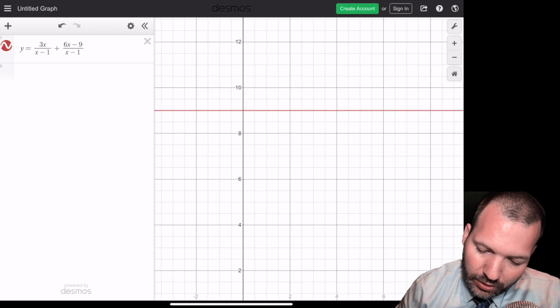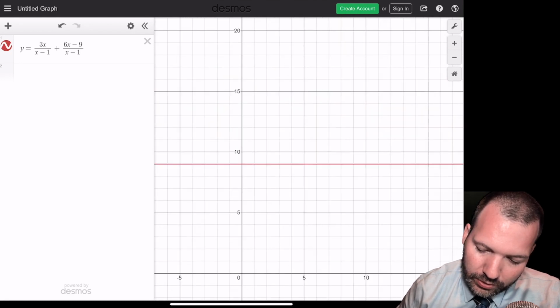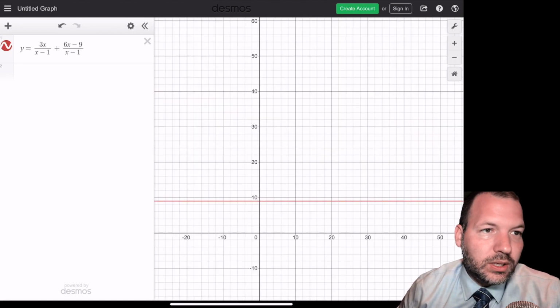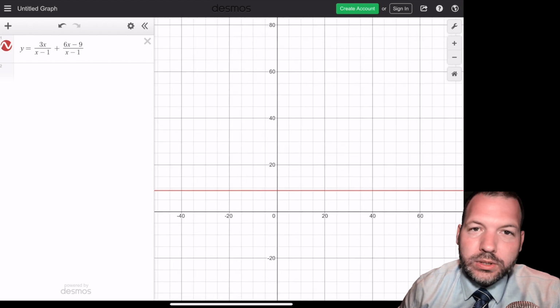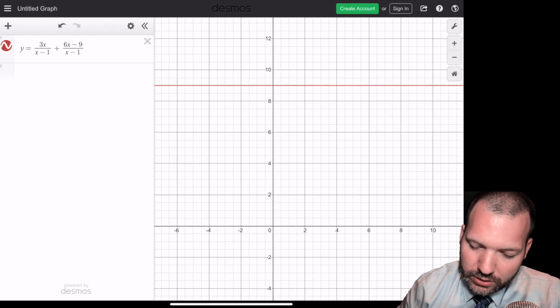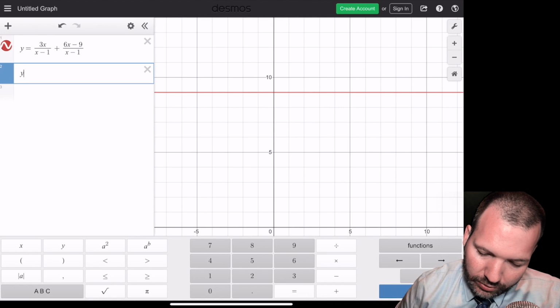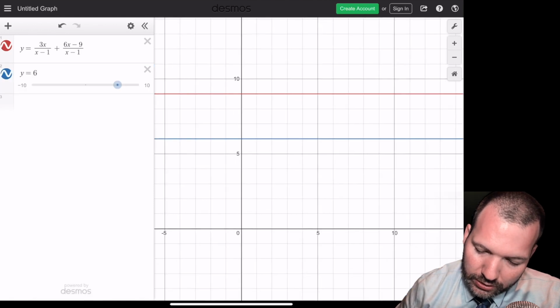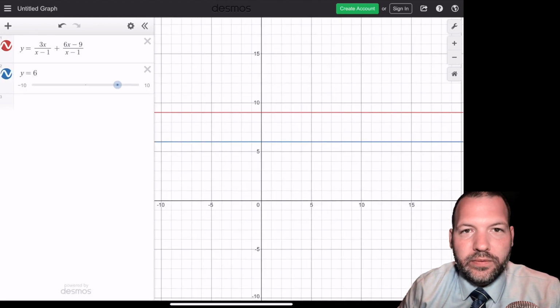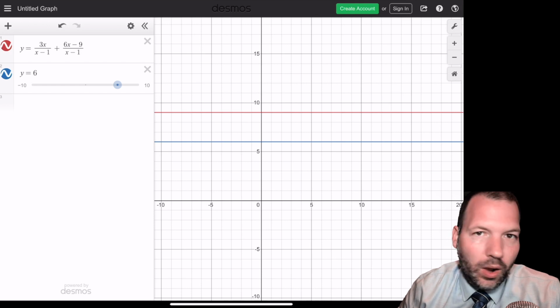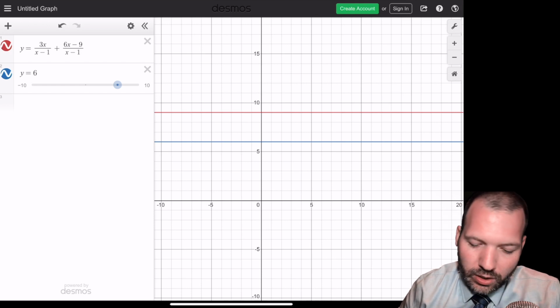You'll notice something a little strange happens. What's going on here? It's just a horizontal line all the way across. If we typed in the other side of the equation, y equals 6, are these two lines ever going to intersect? No, they're not. Something weird is going on here.